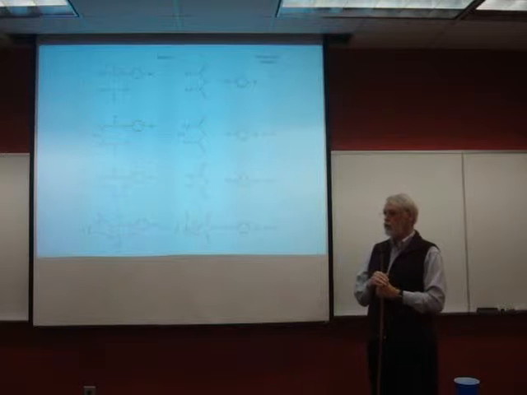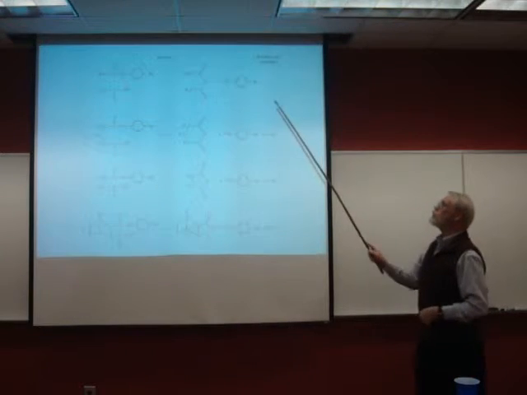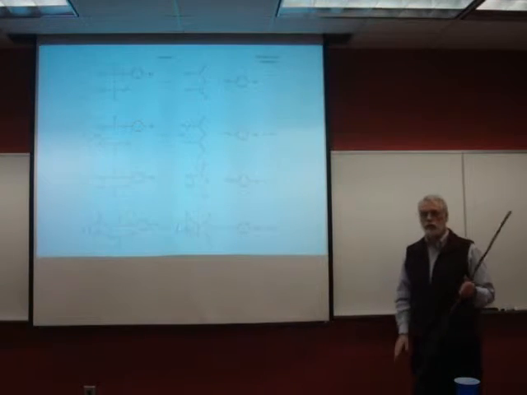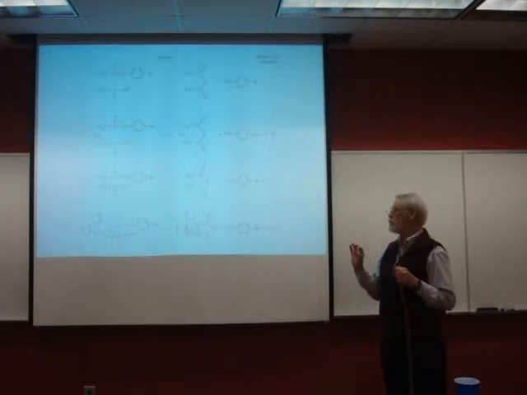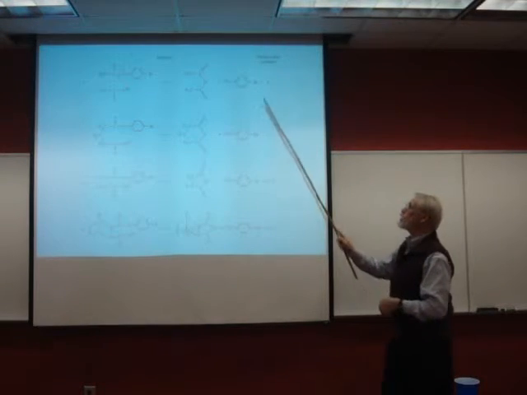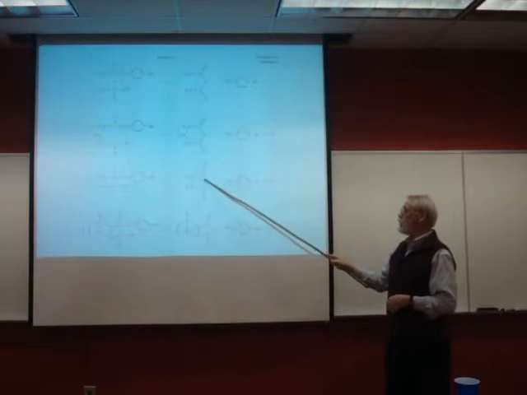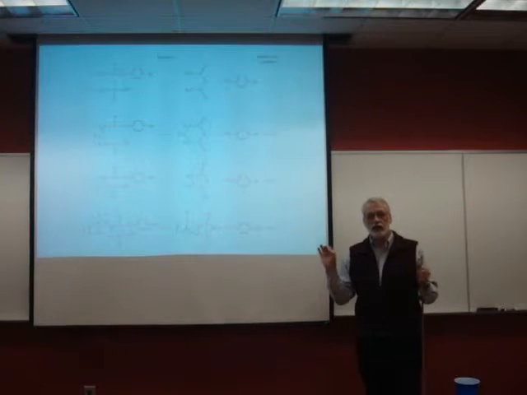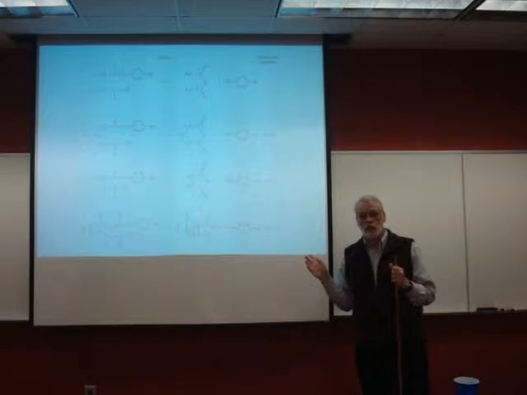So now what we're going to do is look at this series of data. What I want you to do is notice that this, and this, which is our leaving group, is exactly the same molecule, isn't it? And then if you take a look at this, you'll see this bond right here, this bond right here, this bond right here, and this bond right here, which is being formed, is exactly the same in all of those cases, an acid anhydride bond.